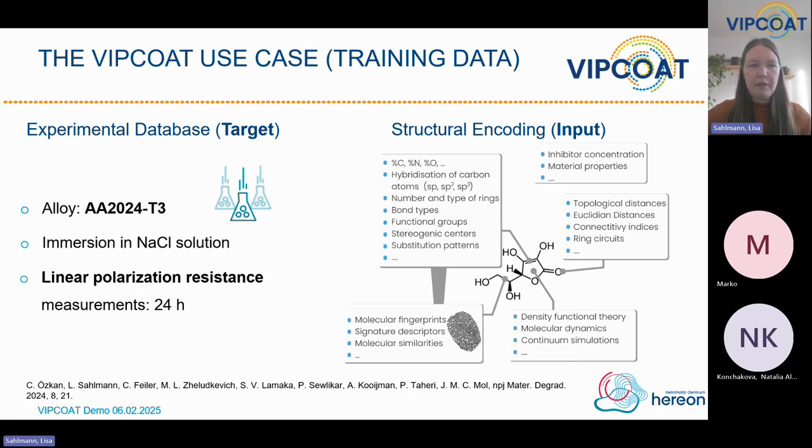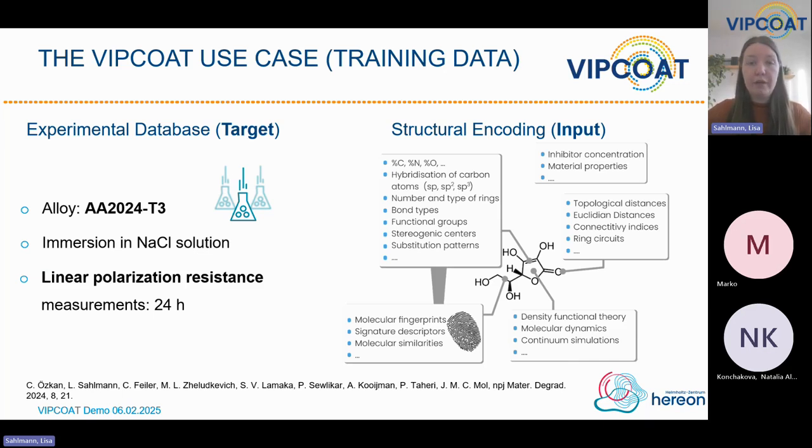The tests have been conducted at TU Delft, and they were running linear polarization resistance measurements. These measurements have been done every 10 minutes for the first 24 hours. And the pH was measured before and after the experiment.